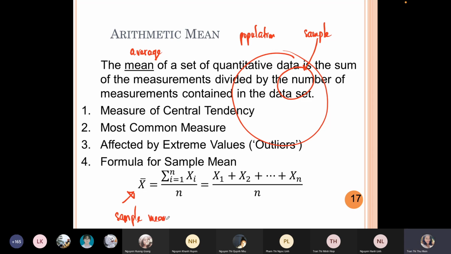For the population mean, we denote it by mu, like the letter M. So there is a little difference in the symbol, and you have to remember it, but the formula is the same: sum up all the observations and divide by the size of the population or the sample, correspondingly.